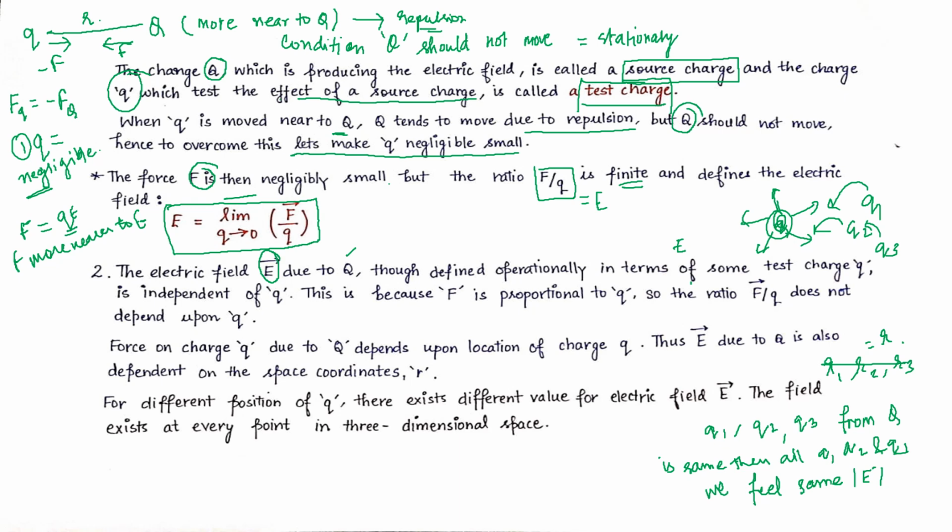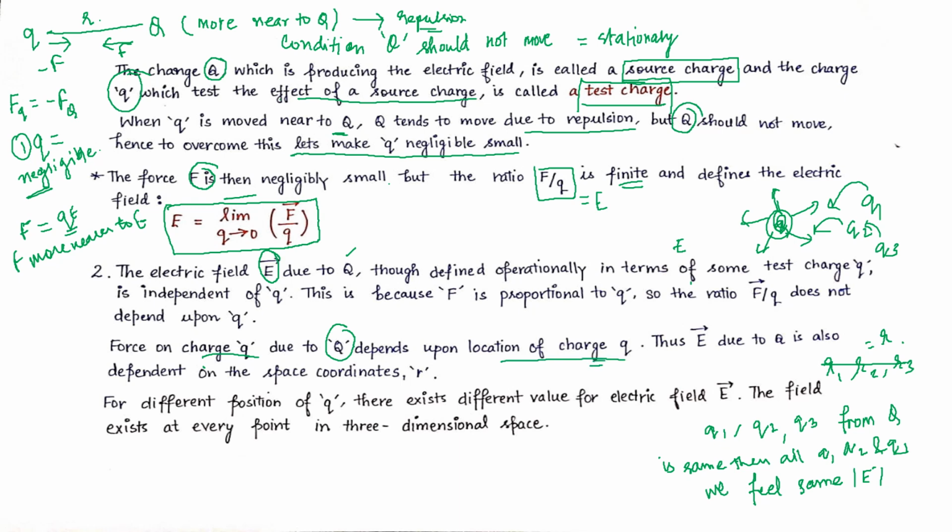In this case, we will find that electric field does not vary according to the test charge, but it is purely dependent upon the source charge. What is the source charge? Capital Q. Okay, force on charge small q due to capital Q depends upon the location of charge small q.